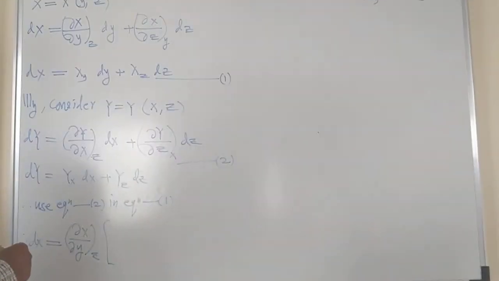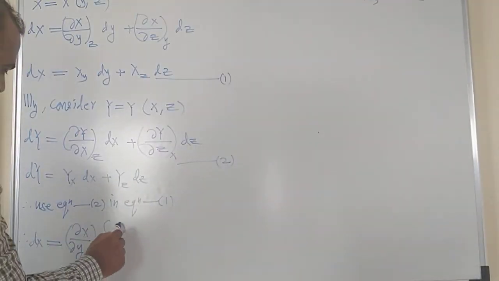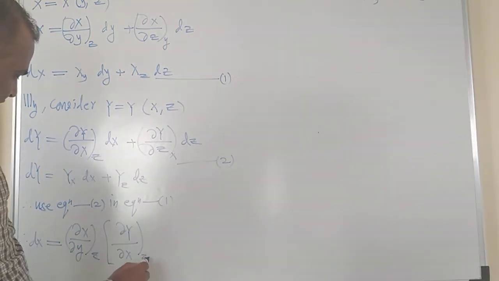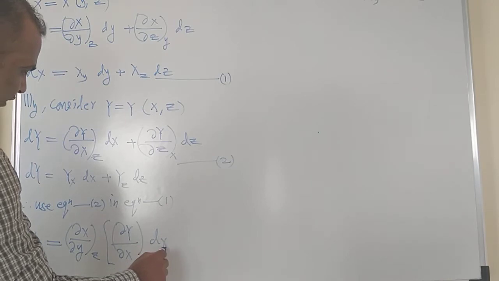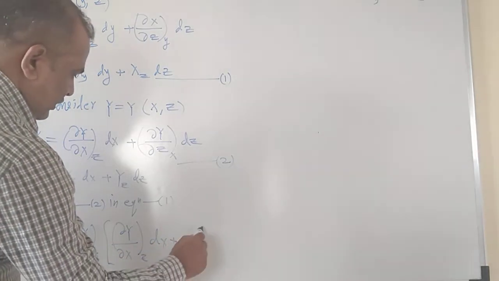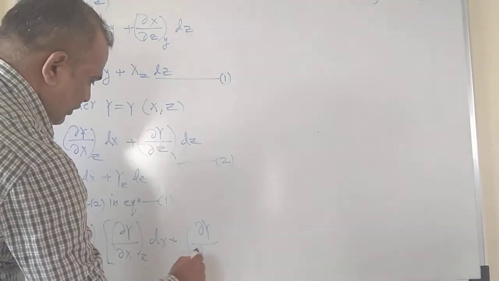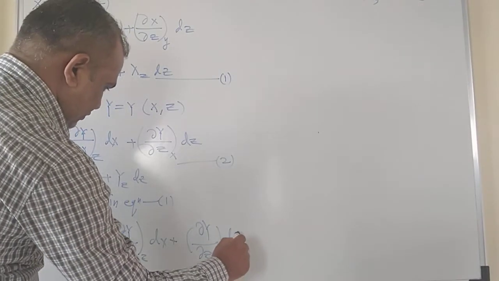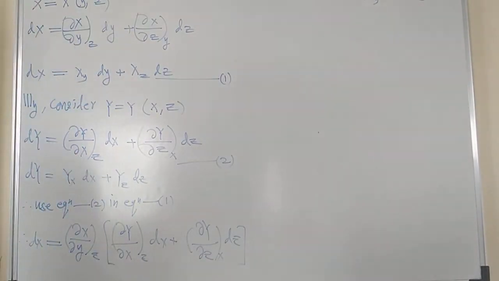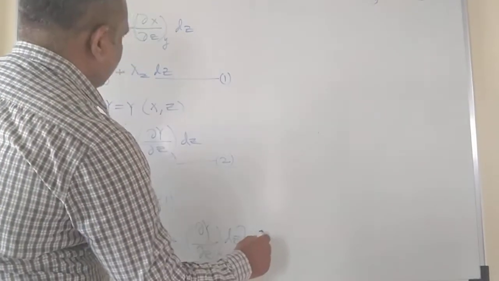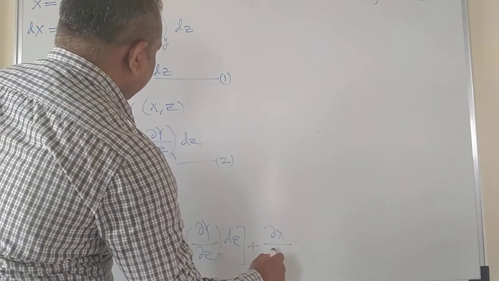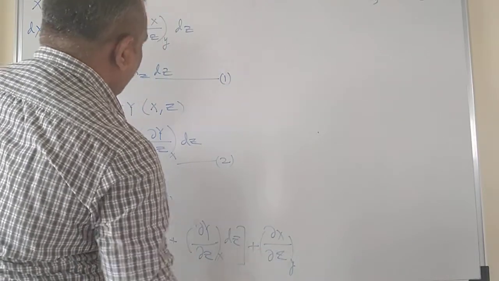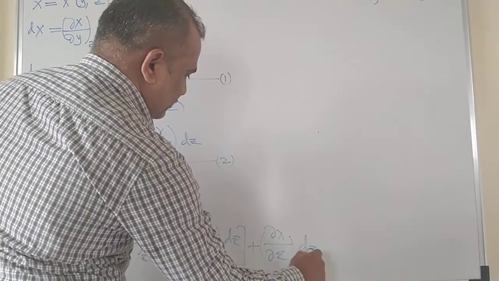Let me put the value of dy, and this dy is dou y by dou x when z is constant into dx plus dou y by dou z when x is constant into dz, bracket complete, plus now the second term is dou x by dou z when y is constant into dz.